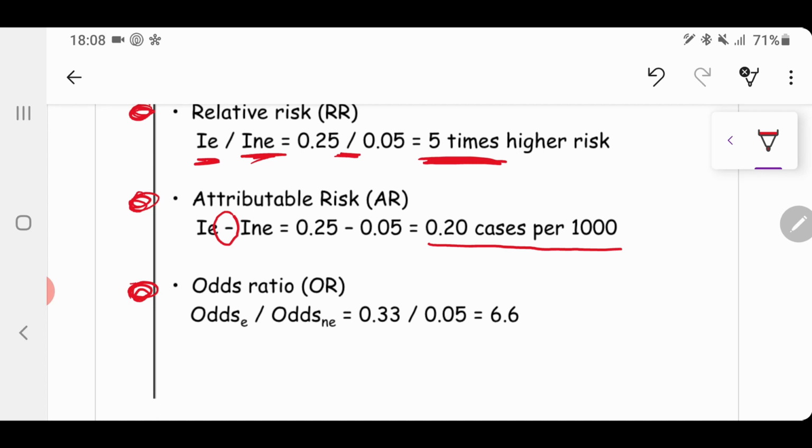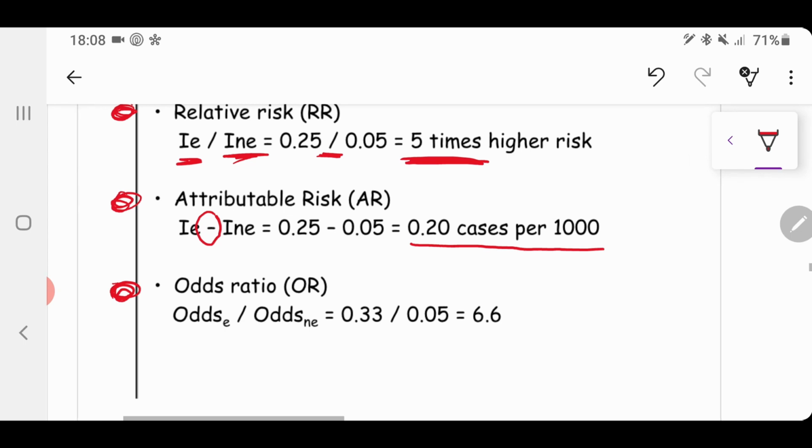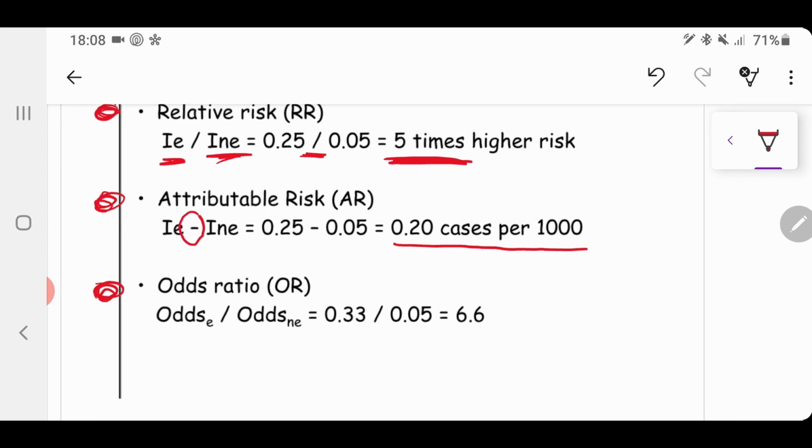Or it's basically the contribution of this risk factor that changes the likelihood of you getting this disease. So if somebody smokes, we see that there is 0.2 cases per 1,000 they get this disease.